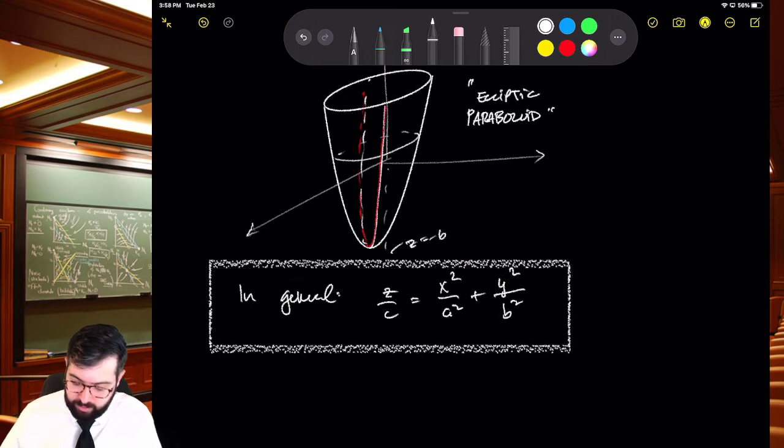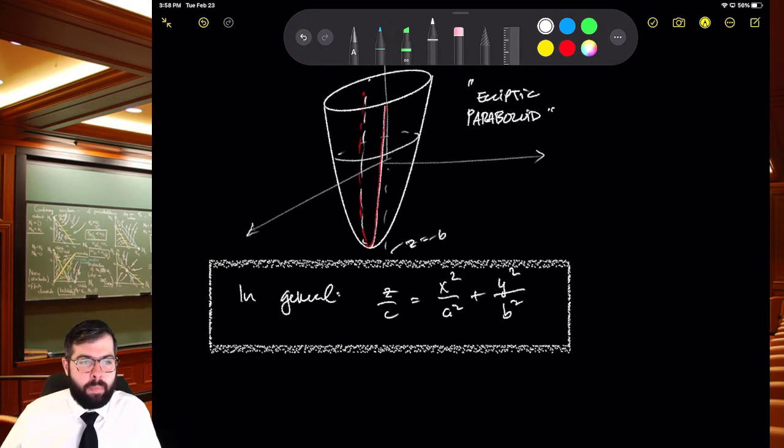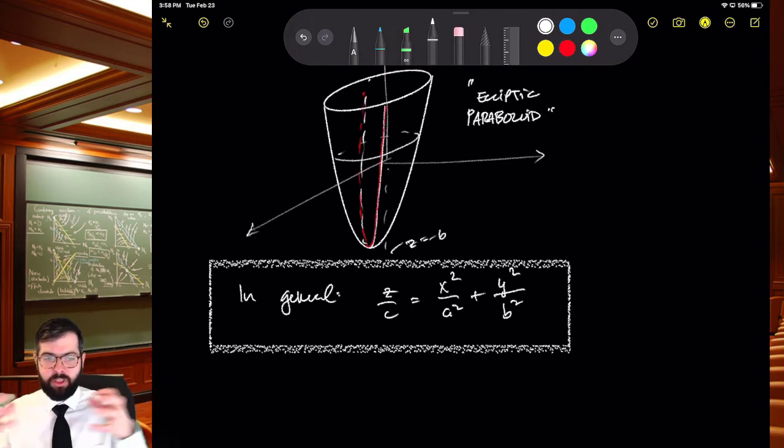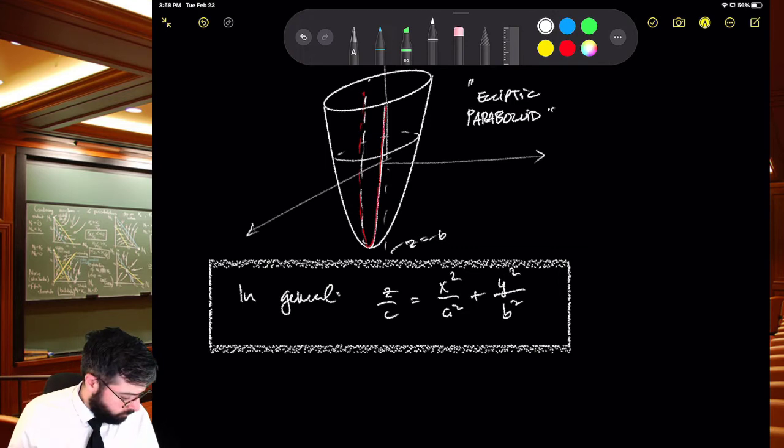That constant's not present in the general formula, but if you have it there, that's what it means. Again, a, b, and c are all doing some shifting along those axes.